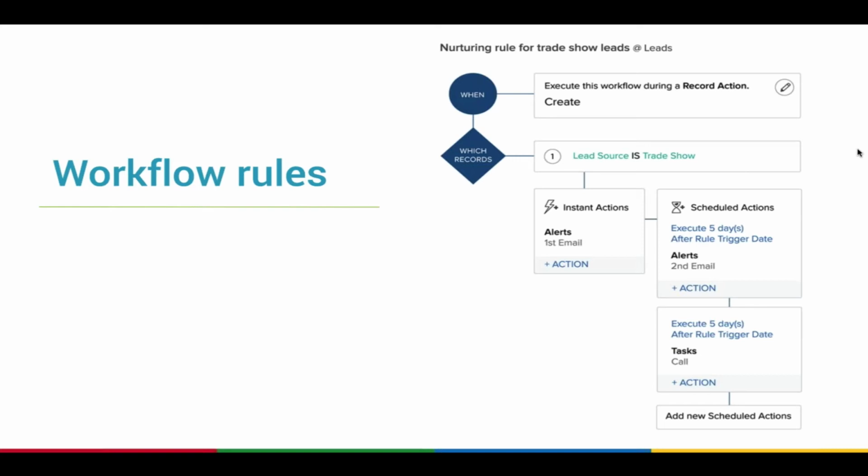Workflow rules allow you to create criteria or rules based on which an action will be triggered without you having to remember it every time. This will help you reduce the number of follow-up activities that you or your sales representatives do, so you can save time and focus on converting the leads rather than on follow-up activities.